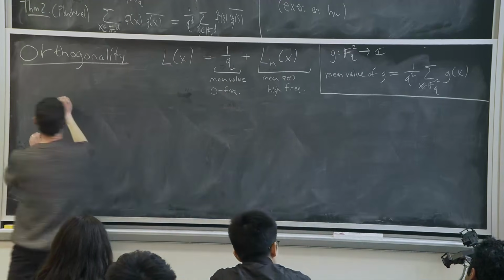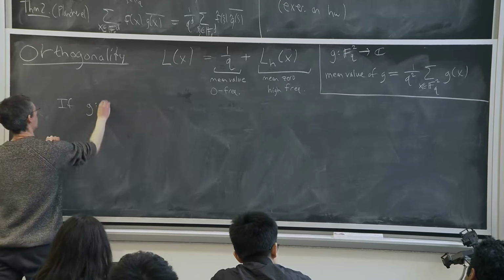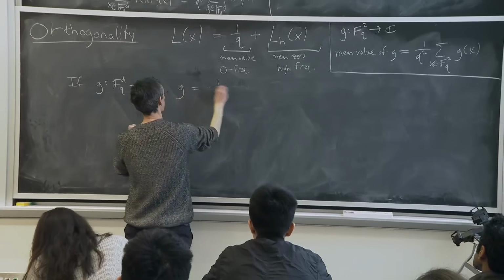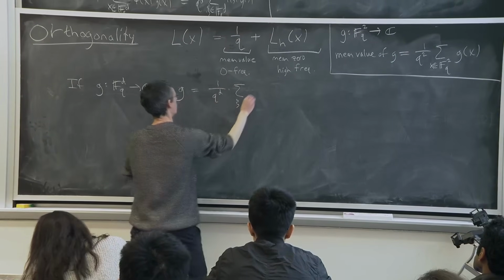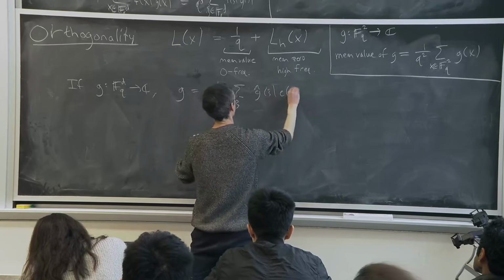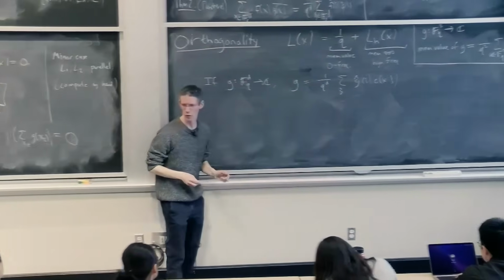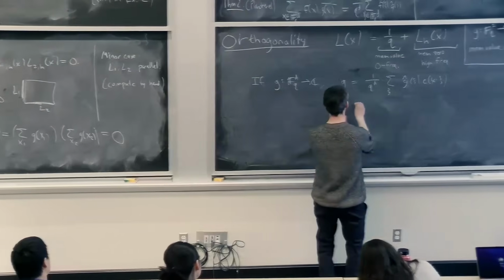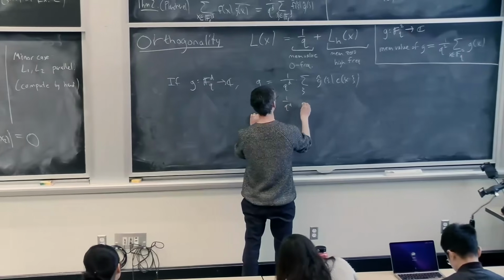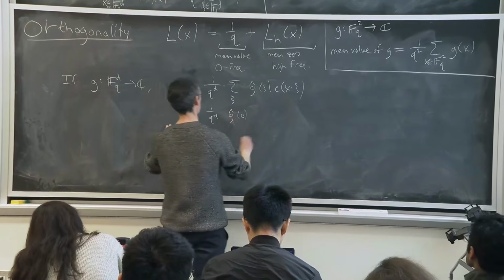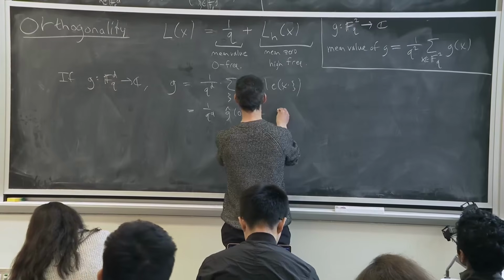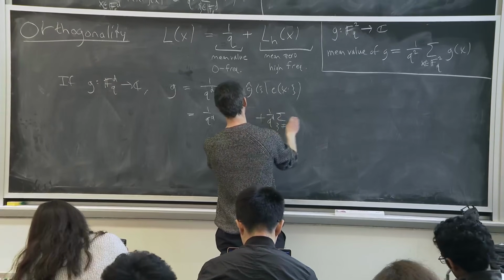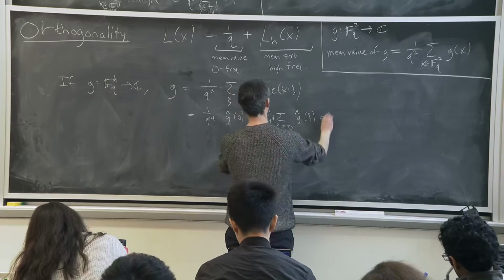So if you have a function g from F_q to the d goes to C, then we can write g as 1 over q to the d sum over xi, g hat of xi, e of x dot xi. And one of these frequencies is often very special, namely the frequency 0. So I'm just going to break up this sum. It's 1 over q to the d g hat of 0 plus the sum over the non-zero xi, 1 over q to the d g hat of xi, e of x dot xi.